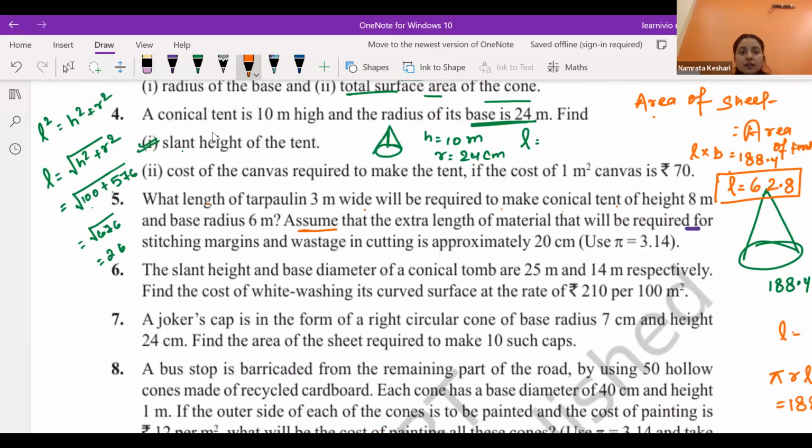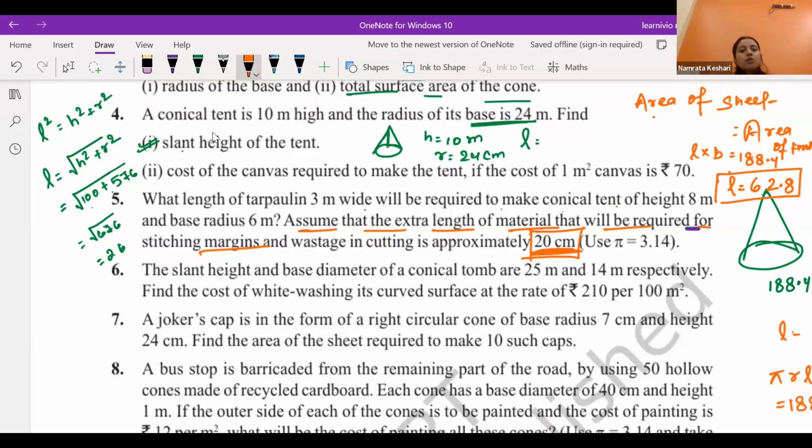Now assume that the extra length of the material that will be required for stitching the margin. It says that apart from this length, extra length is also required for stitching the margin and for the wastage. That is 20 centimeter. Yes, she has done it correctly. Extra length is also required over here. Whatever we have found, this is the length.